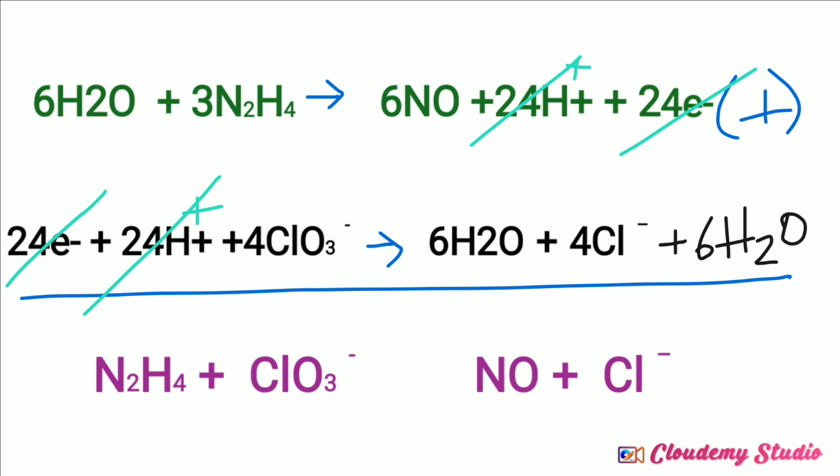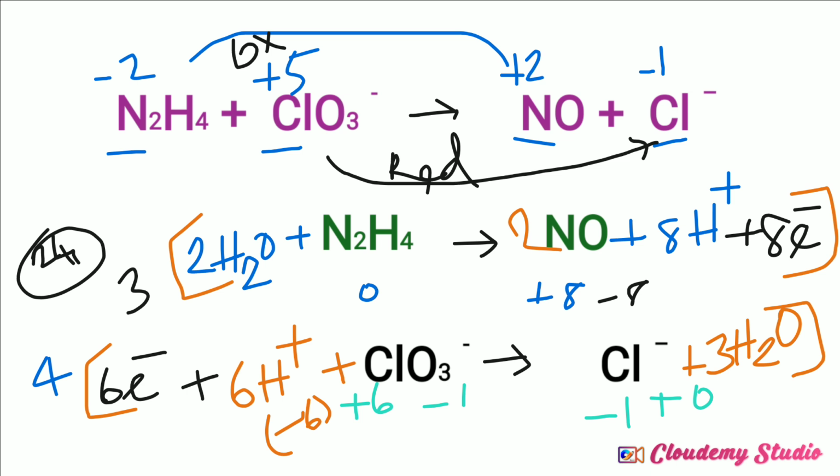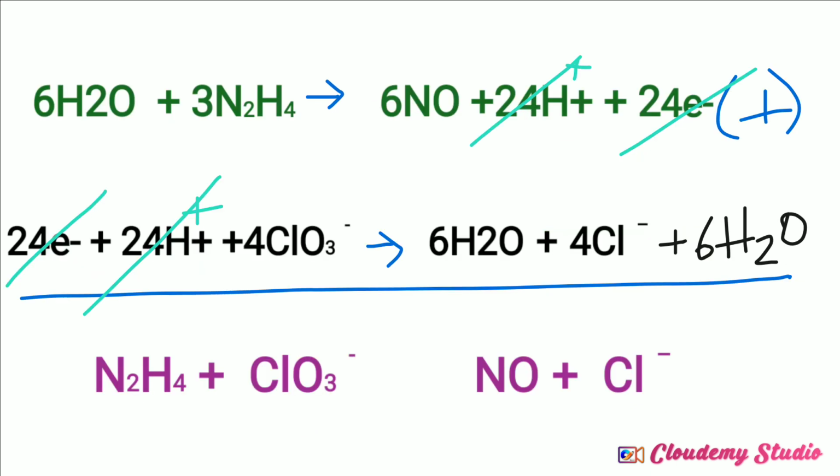This is the adjustment because we hadn't multiplied this equation properly.